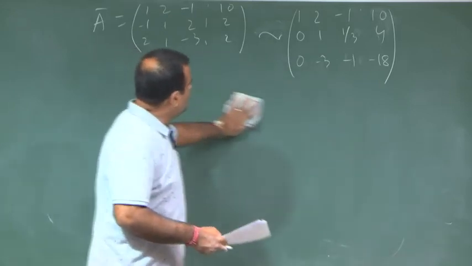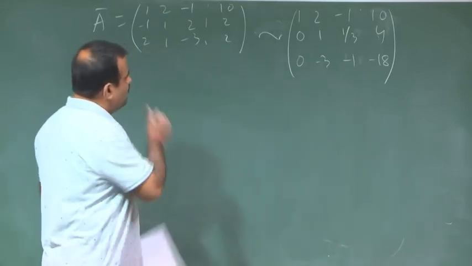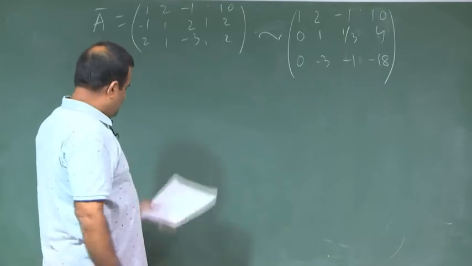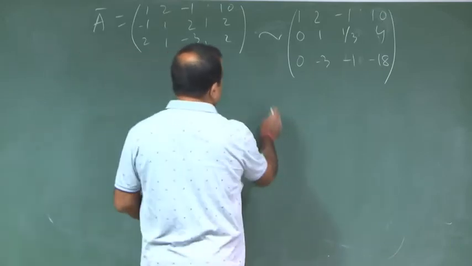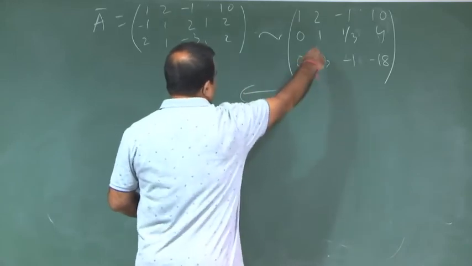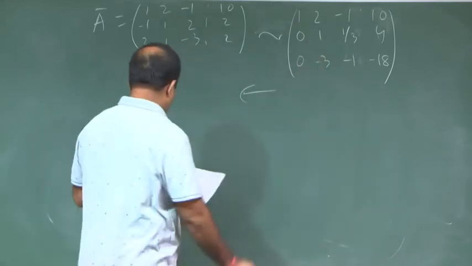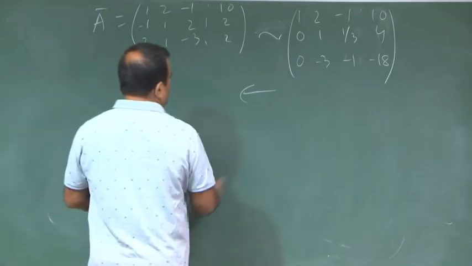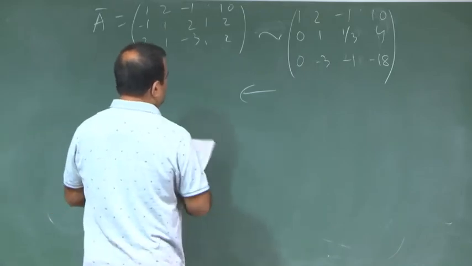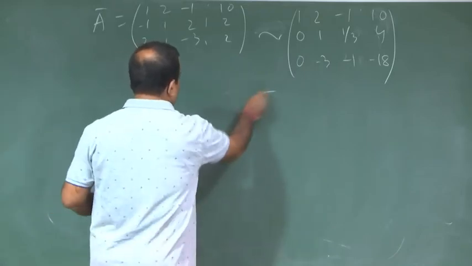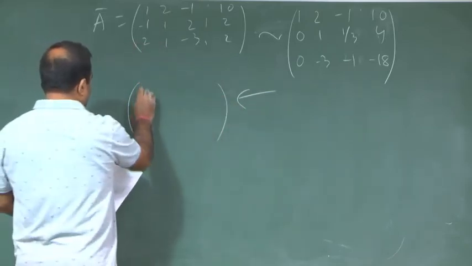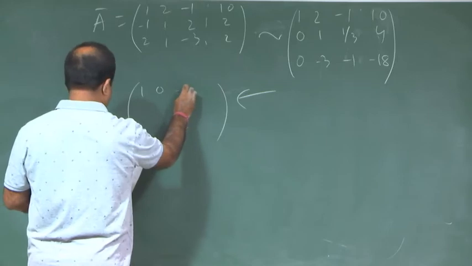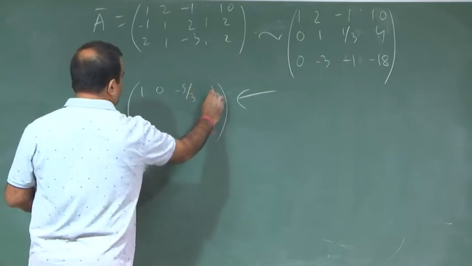From here, what can we say, what is the rank of A? Again we can do another row operation on this by adding these two. This is the intermediate one. But again if we do the row operations, eventually we will get this matrix: 1 0 minus 5 by 3 2.